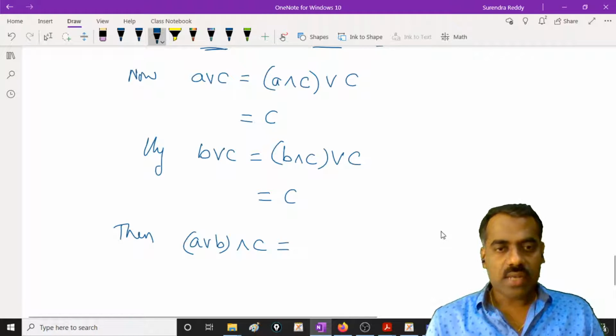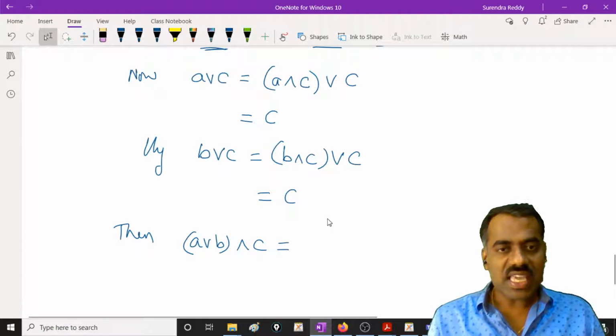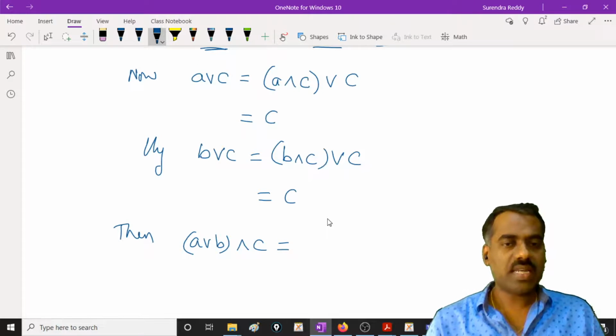So A join, here we can write this in place of this C, we can use any one of these, right?